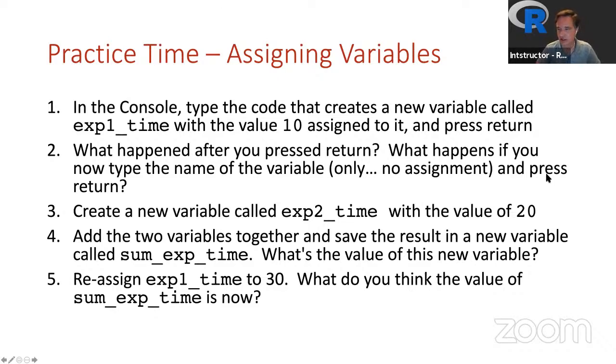Okay, there was a question from Christopher about the difference between this assignment operator, the thing that looks like the arrow, and the equal sign. You can use the equal sign to do variable assignment as well. Certainly valid to do it. You can execute the code and everything will work as expected. The R community has, I would say, consolidated around the use of the assignment operator, the thing that looks like the arrow.